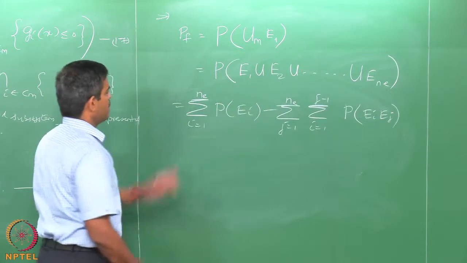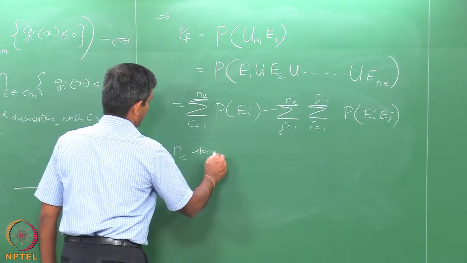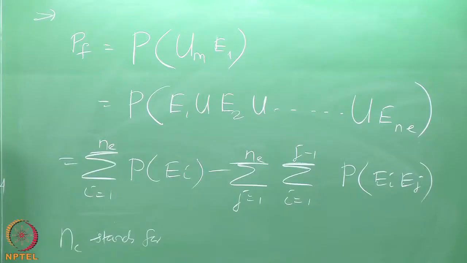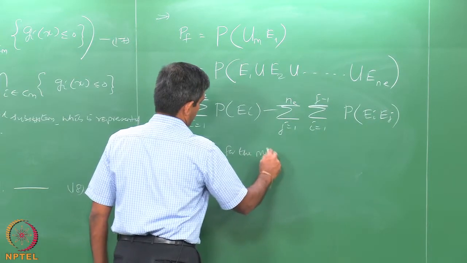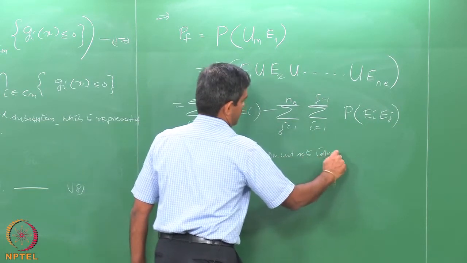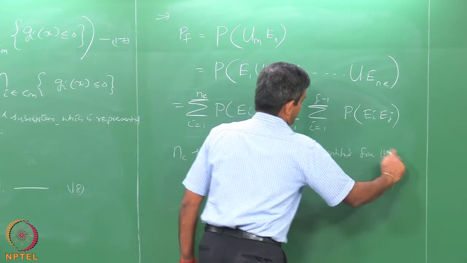So, in this argument NC stands for the minimum cut sets identified from the general system.